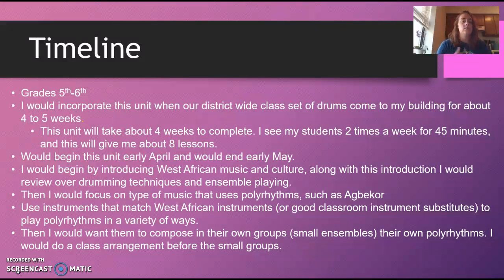I would use times in our unit to look at the West African instruments and incorporate the purpose and the meaning of those instruments with the polyrhythms in a variety of ways. And then my ultimate goal by the end of this unit, I would want my students to be able to compose in their own small groups using the knowledge that we learned throughout the unit.